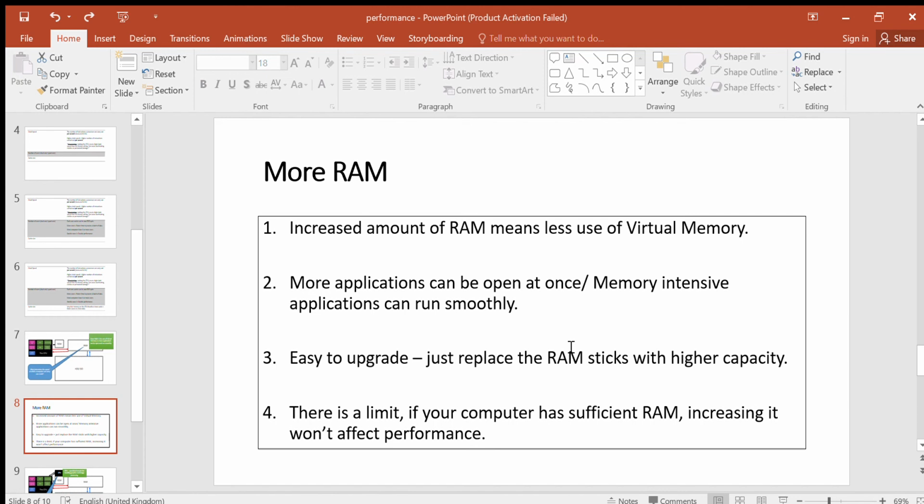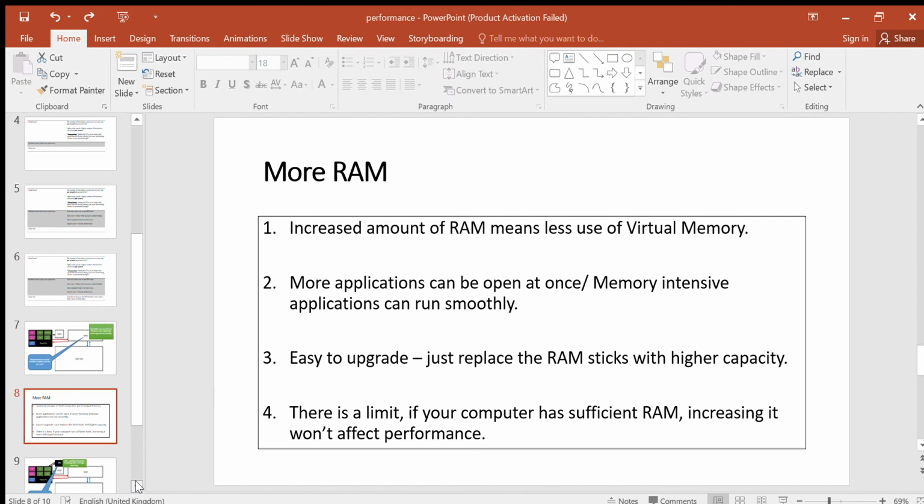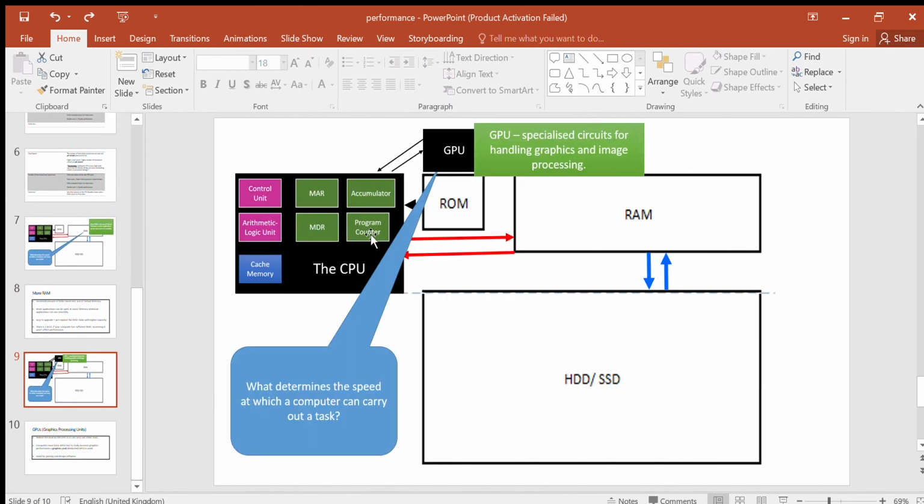Okay. And then the last thing we need to look at is a new addition to our diagram. So here you will notice a GPU, a graphics processing unit, and they are specifically designed to process images and graphics.